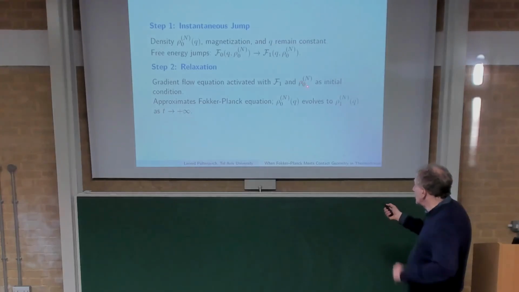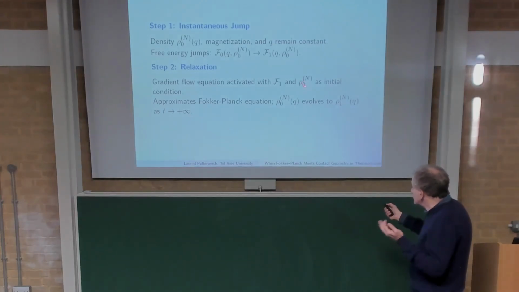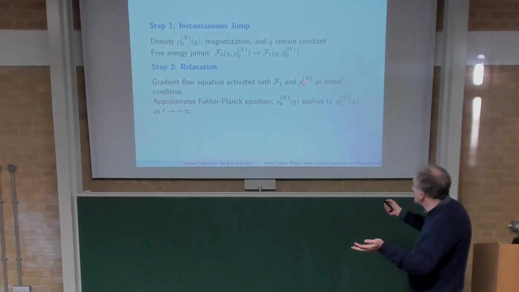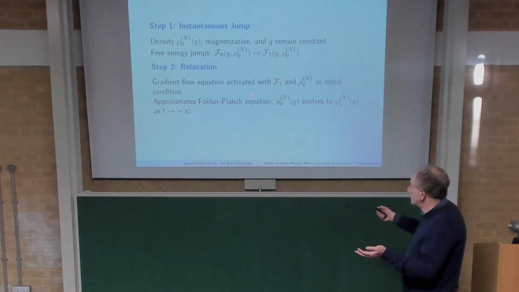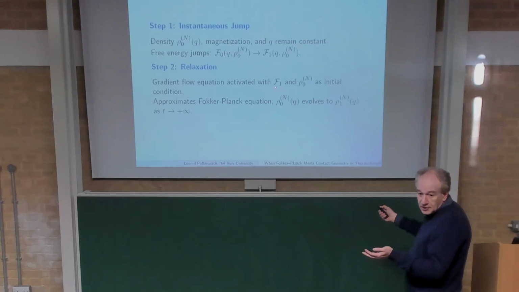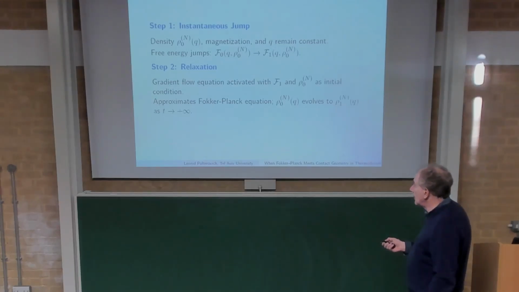So it's a wrong Gibbs distribution, which is not the Gibbs distribution of F1, and it goes with the gradient of F1 towards the Gibbs distribution of F1. Okay, so a very simple model.